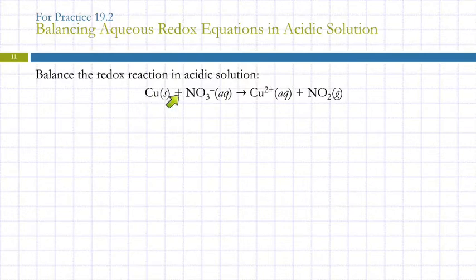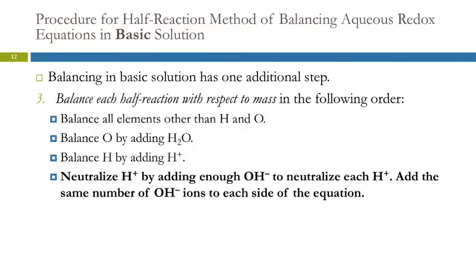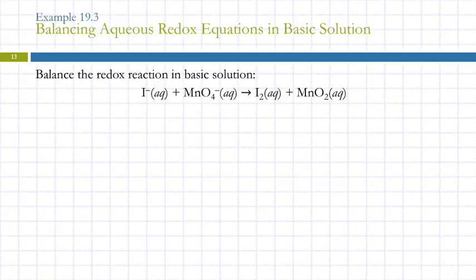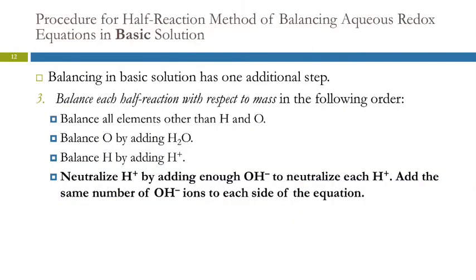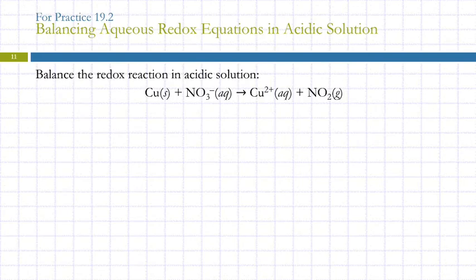So here we have copper and nitrate ion, and we're getting copper ion and NO2. So is the copper going to turn into copper ion or nitrogen dioxide?